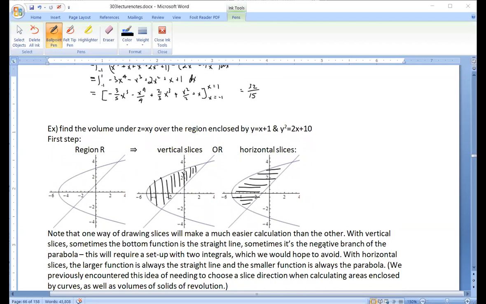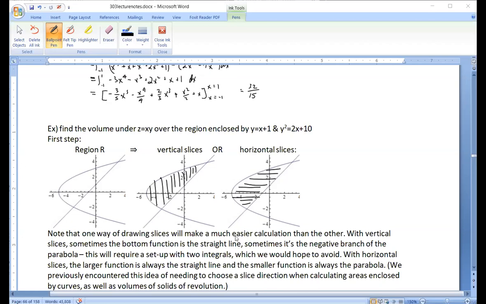To the left, it's the two branches of the parabola. On the right, it's the positive branch of the parabola over the straight line. With the horizontal slices, you've got the same function always for the lower bound and the same function always for the upper bound. That one is going to be easier to set up.